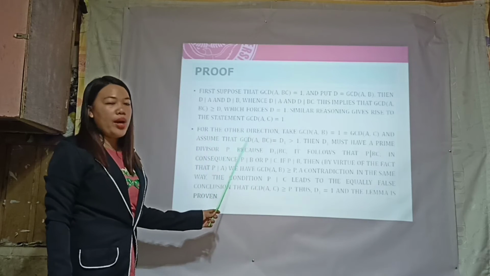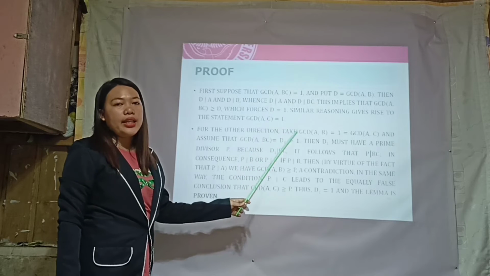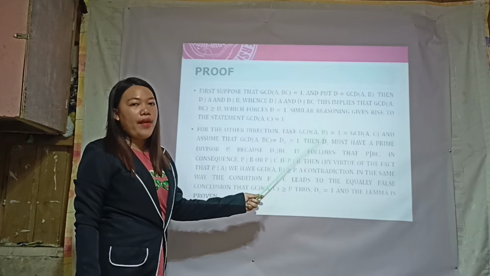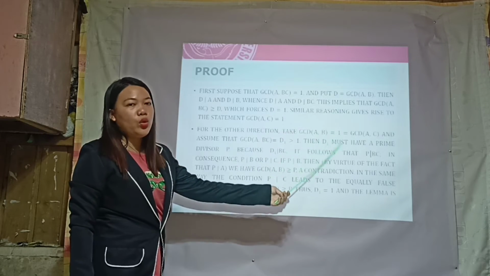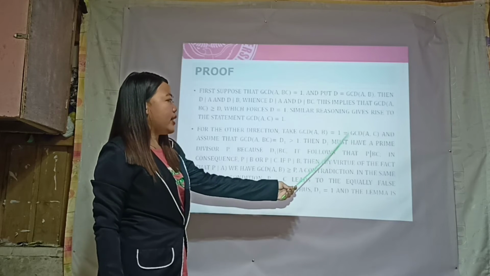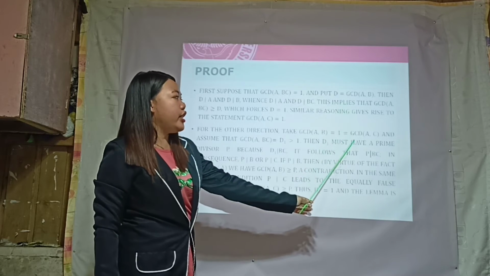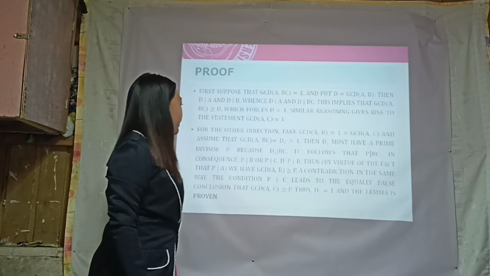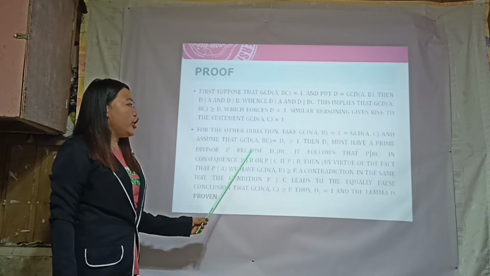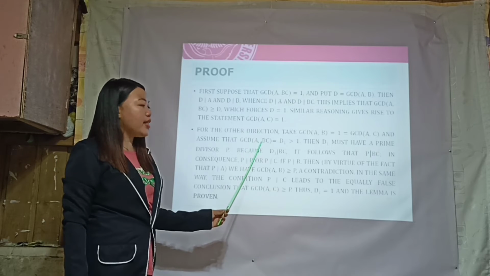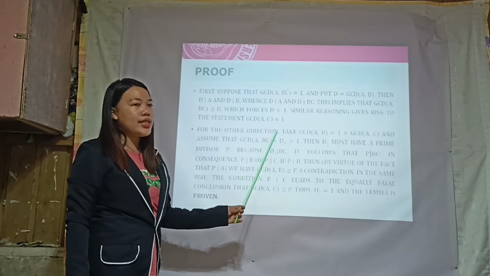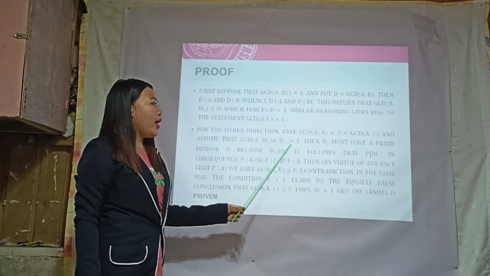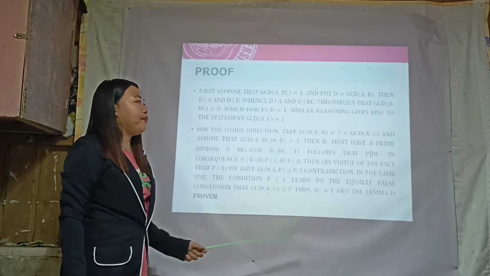For the other direction, take GCD of a and b equal to 1, equal to the GCD of a and c, and assume that GCD of a and bc is equal to d sub 1, greater than 1.